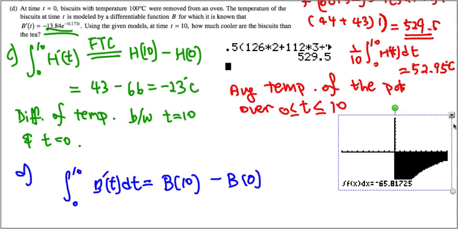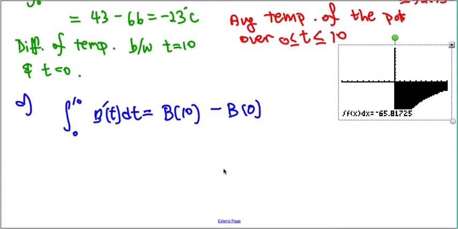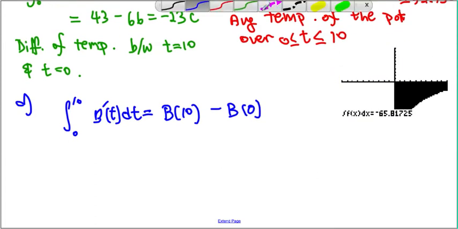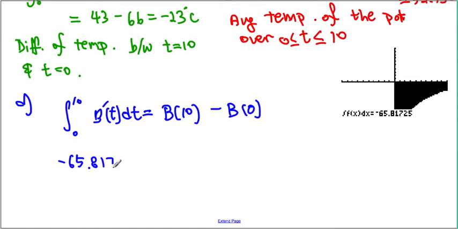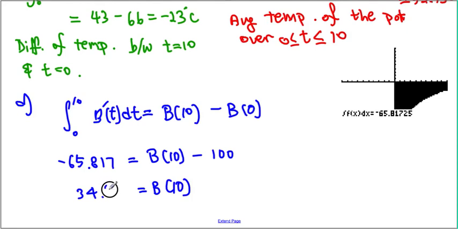Now, by putting all these things together into the equation, we'll end up getting negative 65.817 is equal to the temperature of the biscuit after 10 minutes minus 100. By adding 100 to both sides, b of 10 will be equal to about 34.2 degrees Celsius.